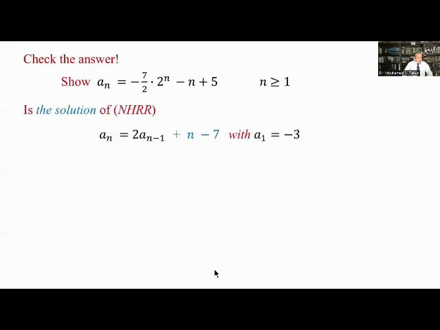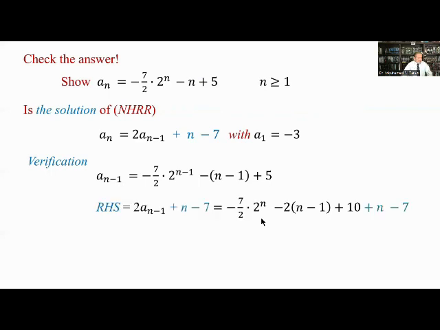Now you can check your answer if you want. We need to show that this is the solution, or all solutions, of the non-homogeneous recurrence relation. This verification: you have a_(n-1) is (-7/2)^(n-1) - (n-1) + 5. The right-hand side now is this. You substitute, you get all of this here.